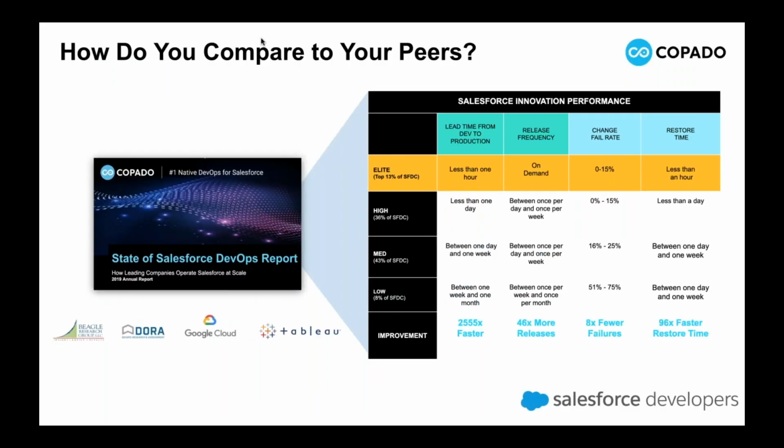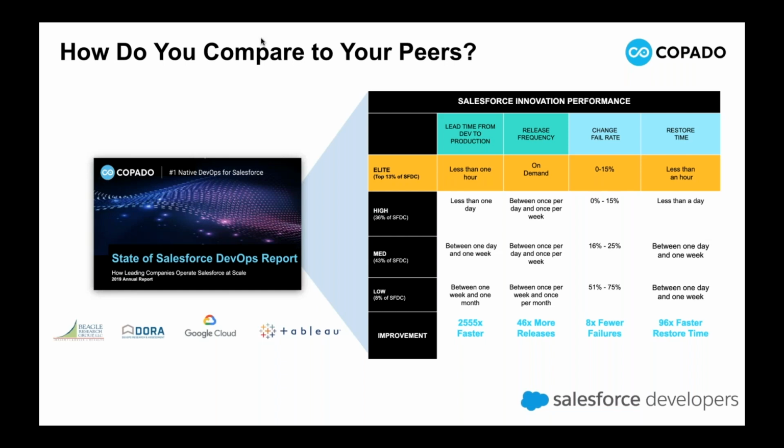Now, here's a sneak peek into the State of Salesforce DevOps report, and this report is free and available to anybody. Just go to Copado.com. There's a tremendous amount of data out there, and it really allows you to benchmark against your peers. We did this together with Beagle Research, so it is an independent report of several hundred enterprise Salesforce customers, and you can see we've broken out the 4 metrics, but we've also broken out 4 different levels of performance of Salesforce delivery teams.